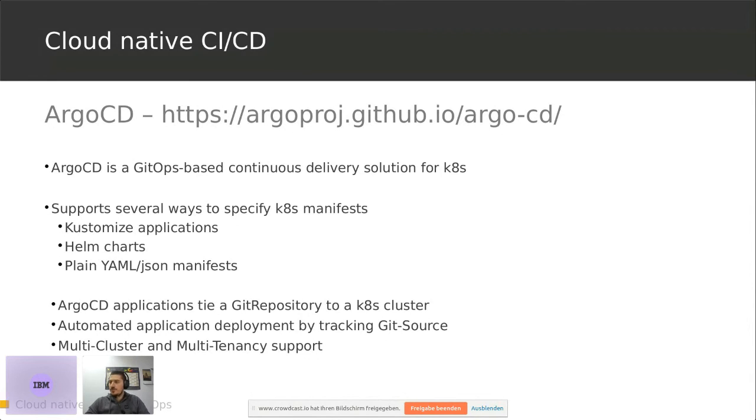So you can also do CI with Argo Workflows, but the time I spent on this gave me the opinion that it's easier to do it with a dedicated CI solution like Tekton, and rely on ArgoCD just for the CD part, so for the continuous delivery.